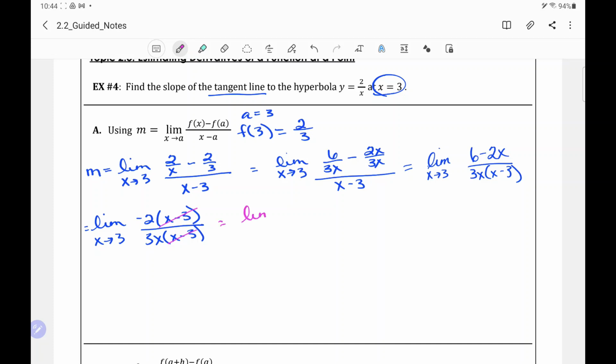So we are left with the limit as x goes to 3 of negative 2 over 3x. Now remember, they gave us the value that we're using for this problem. Negative 2 over 3x as x goes to 3. So we just need to plug it in. M is going to equal negative 2 over 3 times 3, which equals negative 2 over 9. So there is our answer.